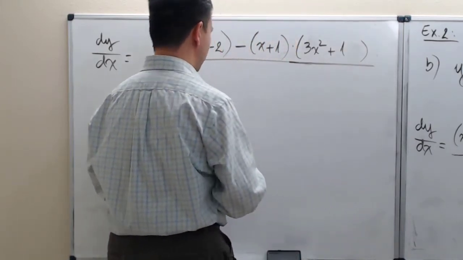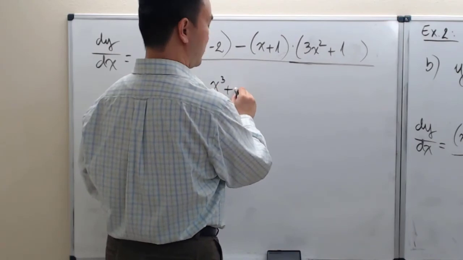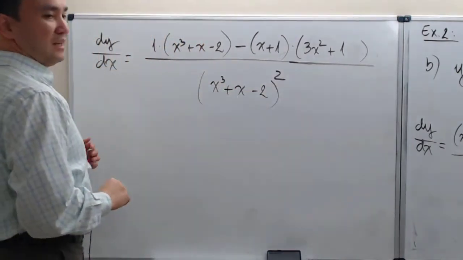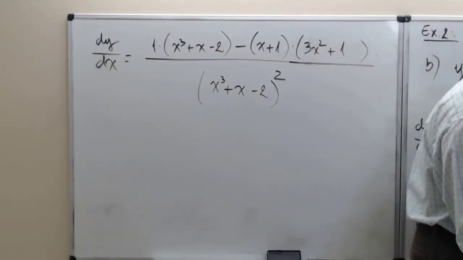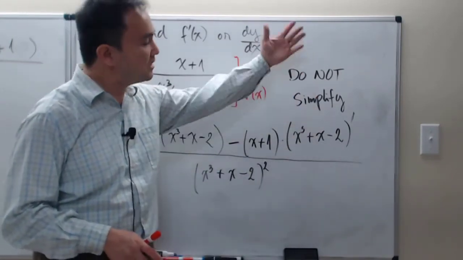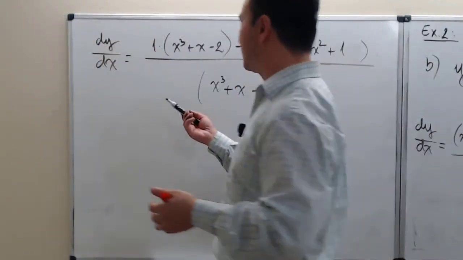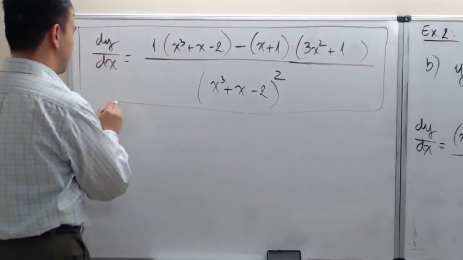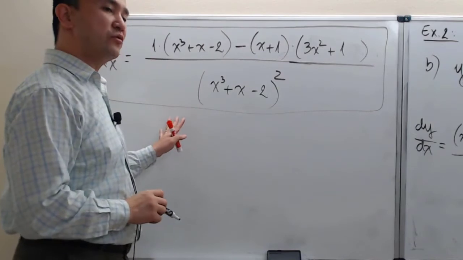All right. And we're dividing that by x cubed plus x minus 2, all squared. Okay. And so, with that added instruction, do not simplify, we leave the final answer unsimplified. This is where we have successfully found the derivative of that function by using the quotient rule.